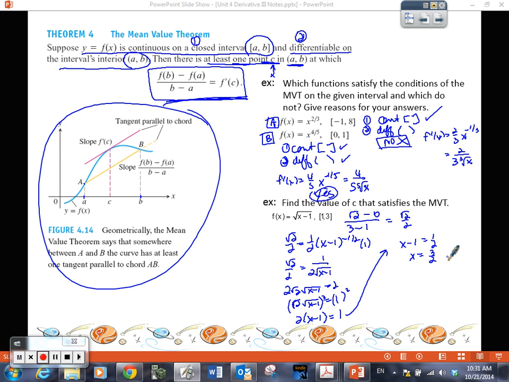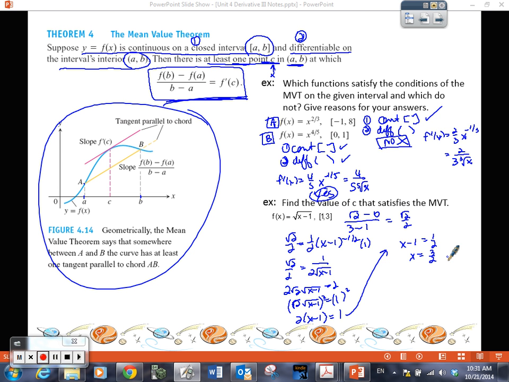Okay. So I need to mention a couple of things about this. First of all, when I square both sides of an equation, I open myself up to extraneous solutions. Hopefully you remember that from pre-cal and algebra 2. It is possible to get an extraneous solution. So the safest thing to do would be to double check to make sure that it works.